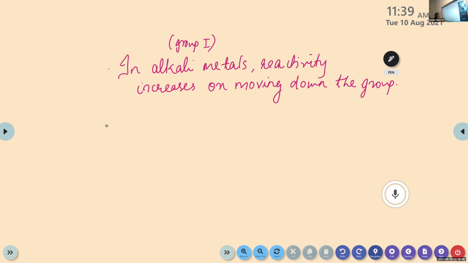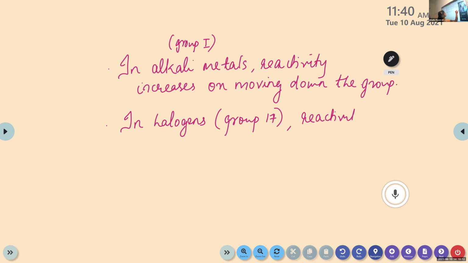Then we learned that halogens are also highly reactive groups. In the case of halogens or group 17, the reactivity decreases on moving down the group.